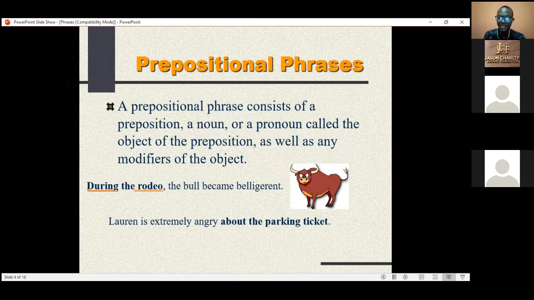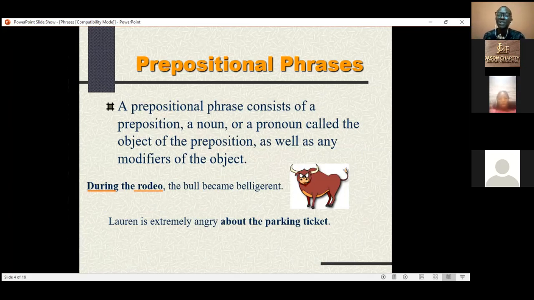So in this case, you have an adverbial phrase which is acting as a prepositional phrase, "about the parking tickets," because it begins with what? "About," which is a preposition, and then the head word here, the noun, is "tickets." The "parking" and "about" are both modifying tickets. So this is a prepositional phrase.